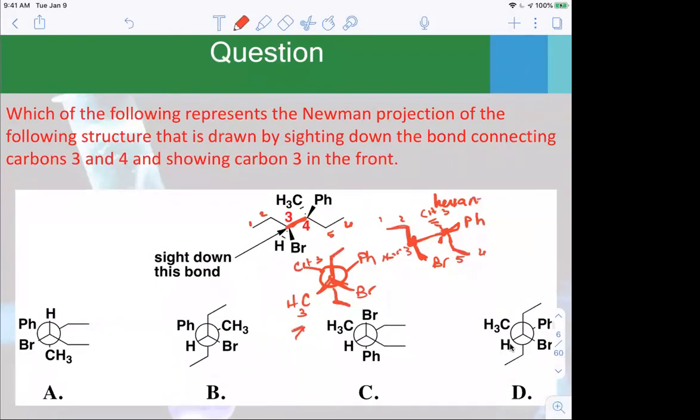Now remember, I can rotate it. This would be right, except these two are on the other side. This is the right one, right here.